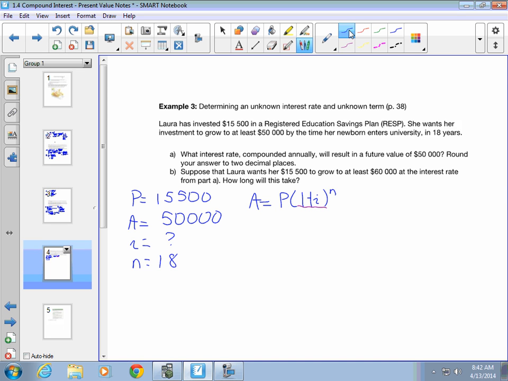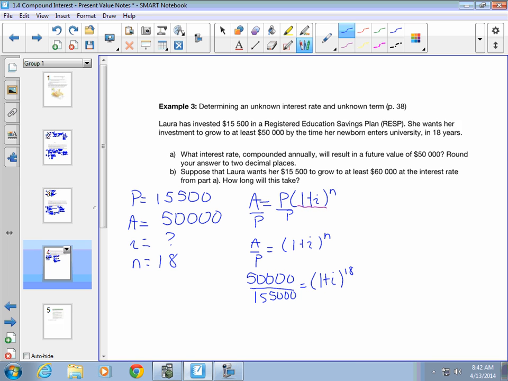So that means let's divide through by P. So A over P is equal to (1 plus I) to the power of N. So I have 50,000 over 15,500 is equal to 1 plus I, and my interest we don't know, but we know it's to the 18.